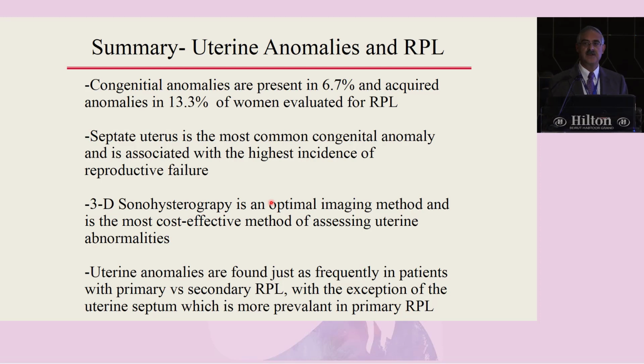We recommend 3D sonohysterography, and for those that aren't doing it, we know that patient satisfaction is better. She stays in your office. It's a more comfortable procedure, but it's not as good at evaluating the fallopian tubes. And then as far as pregnancy loss, you shouldn't distinguish between primary and secondary or necessarily the number of losses. All the patients, we recommend, have a uterine cavity evaluation.